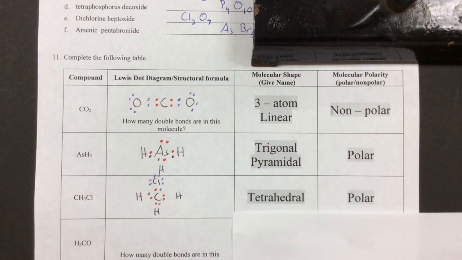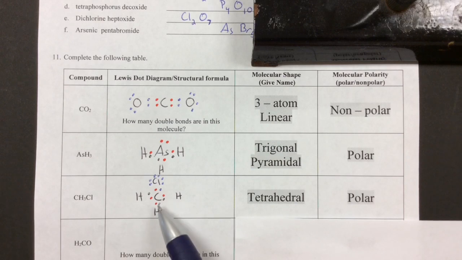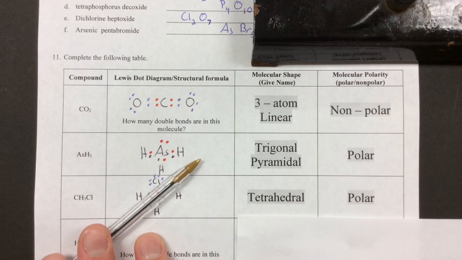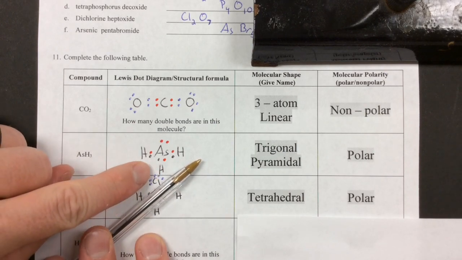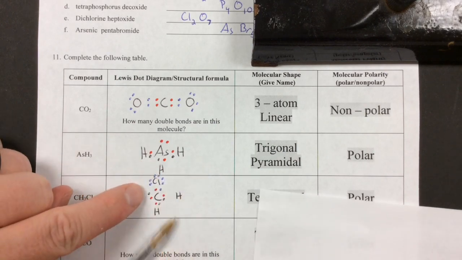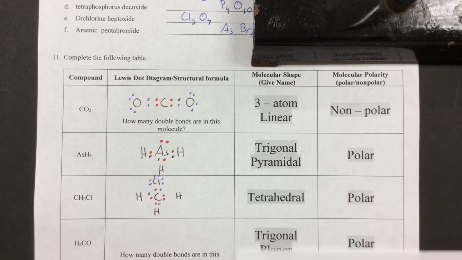We call this shape tetrahedral. Basically, it's an atom in the middle with 4 elements on the outside of it. And because not every side of this element looks the same, it's considered to be polar. So again, if you cut this element in half, you can see that this side has more electrons than this side. So because there's more electrons, this one is polar.